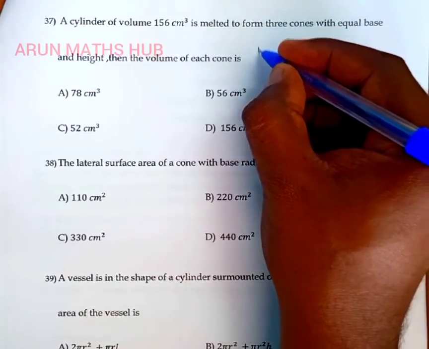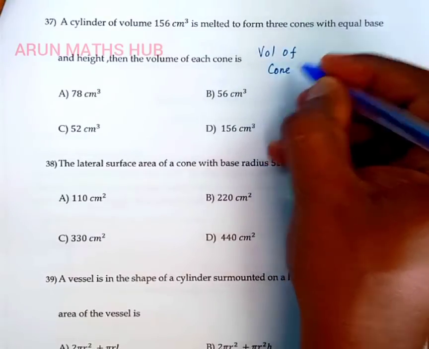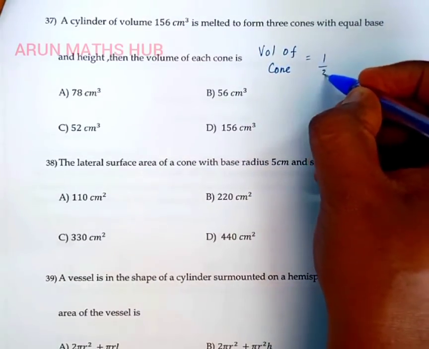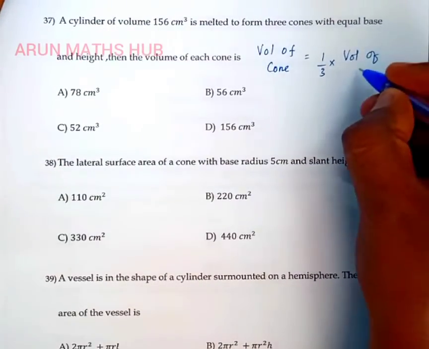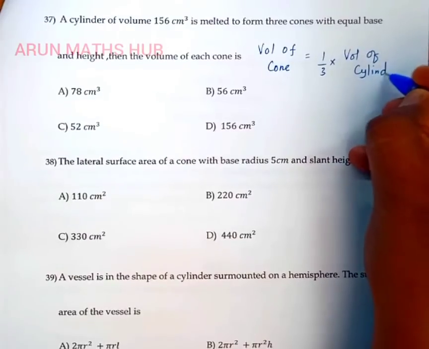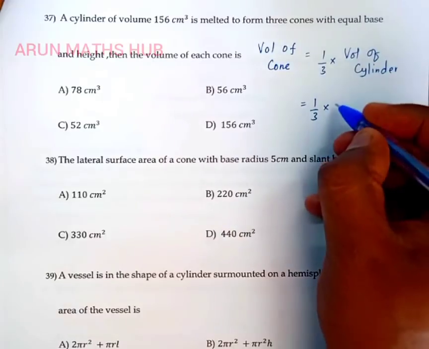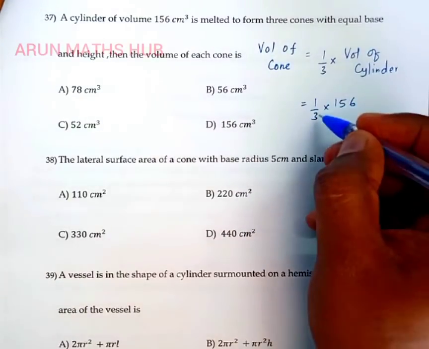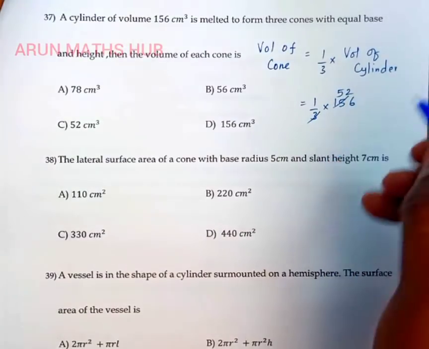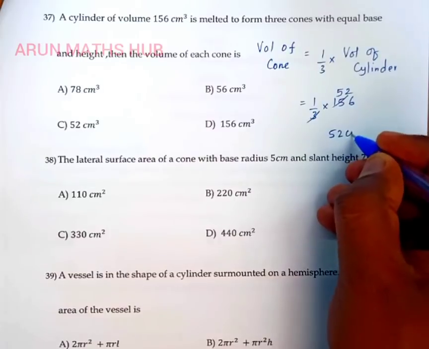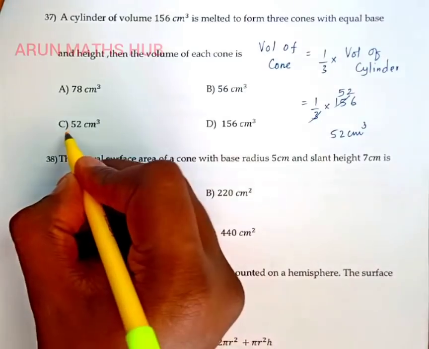Then the volume of a cone is equal to 1 by 3rd the volume of the cylinder. Therefore, volume of cone equals 1 by 3 into 156. 156 divided by 3 is 52. Therefore, the answer is 52 centimeter cube. The correct answer is option C, 52 centimeter cube.